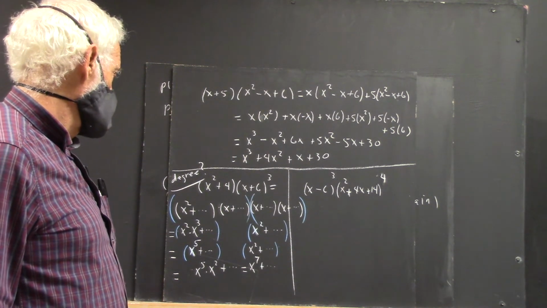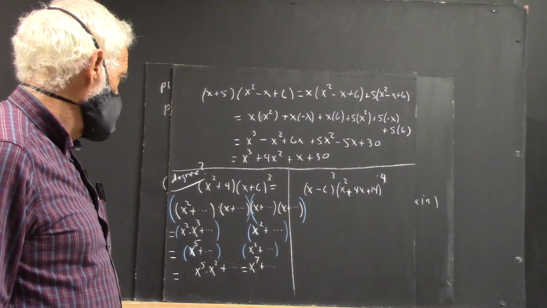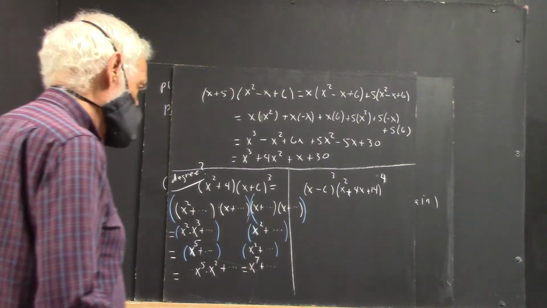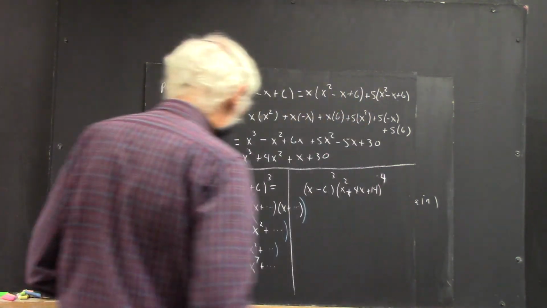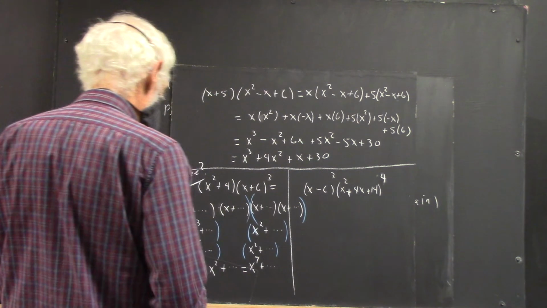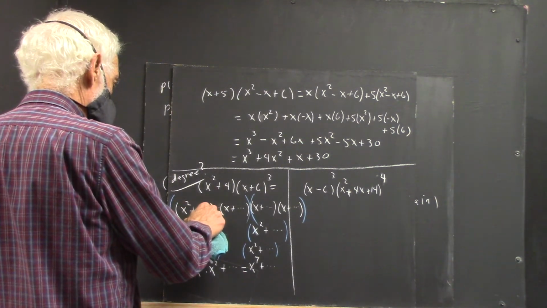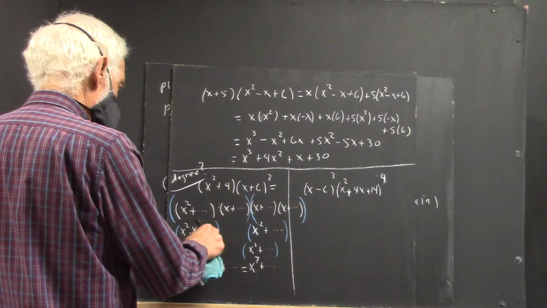And what I wrote is incorrect. It's not x squared times x cubed, it's x squared times x, which gives you an x cubed.